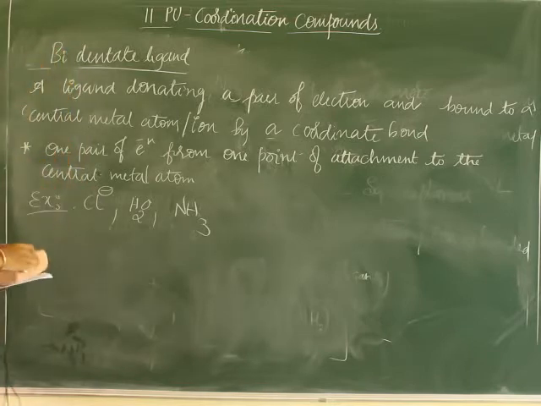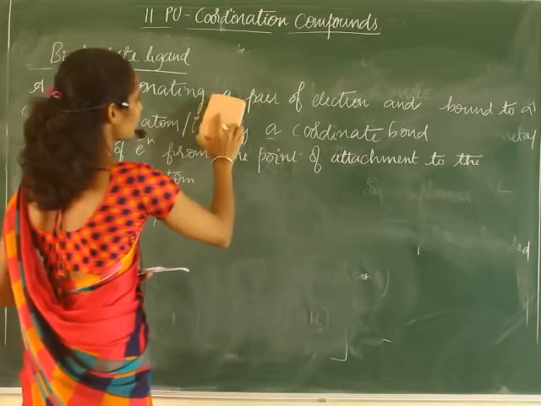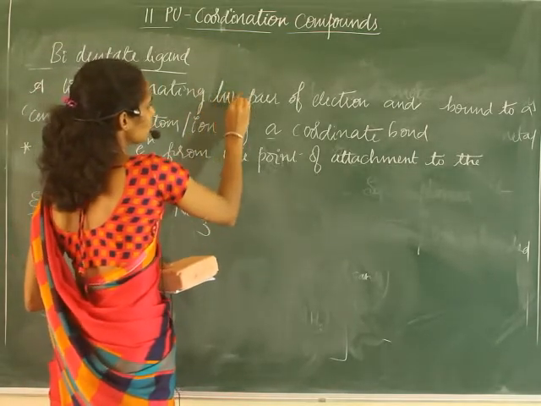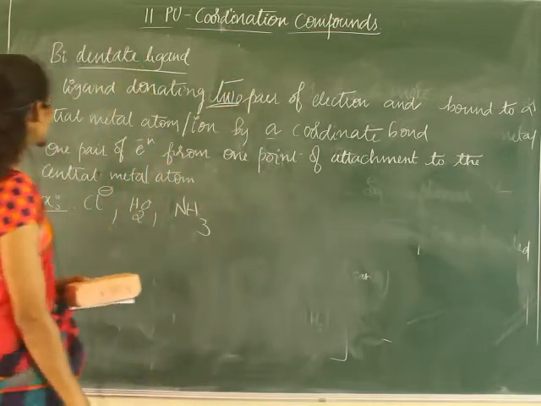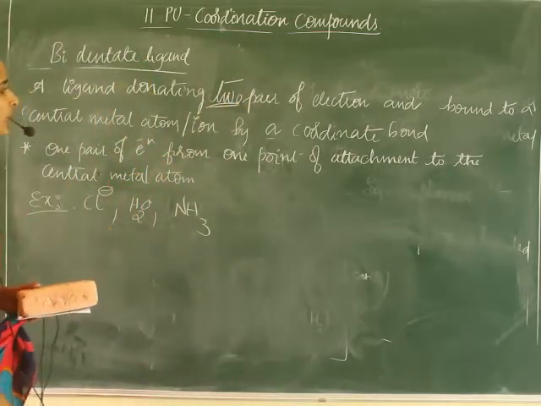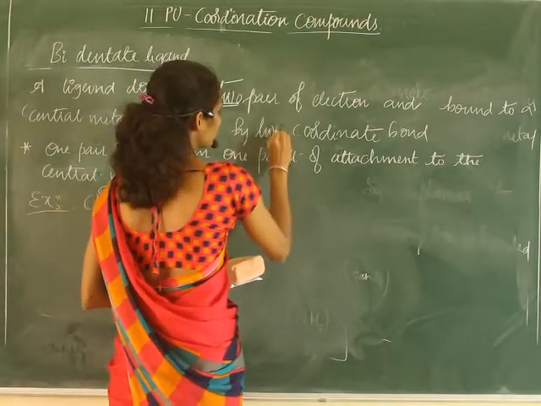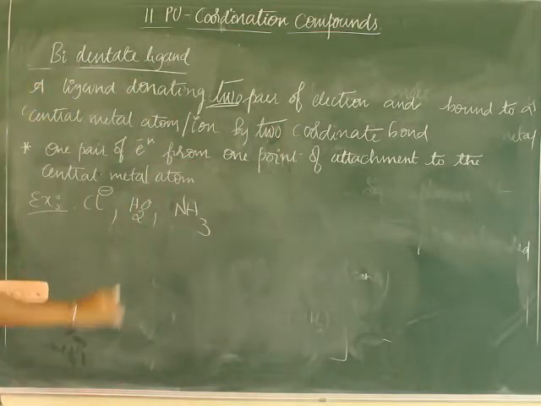Bidentate ligand. What are bidentate ligands? A ligand donates not a single pair of electrons. It can donate two pairs of electrons and bond to a central metal atom by two coordinate bonds.